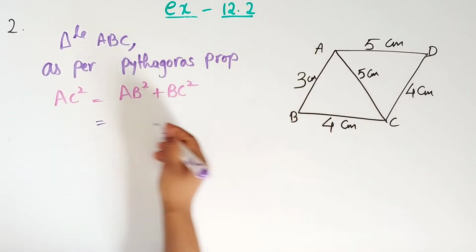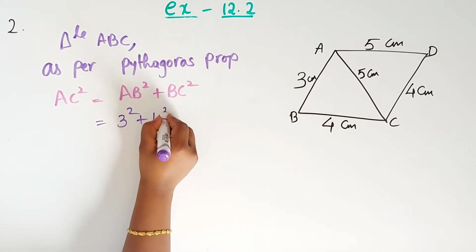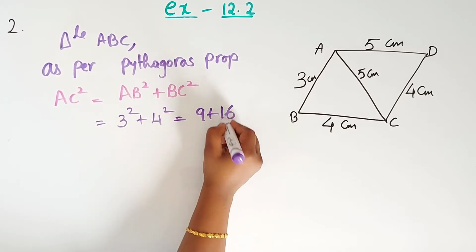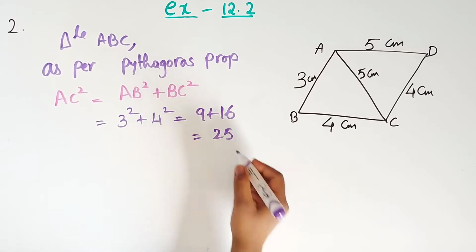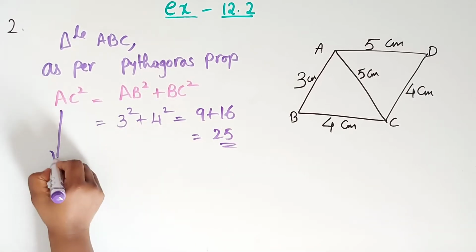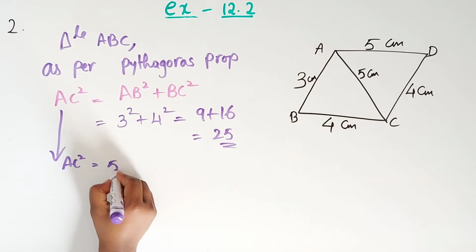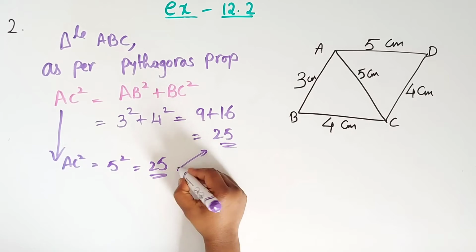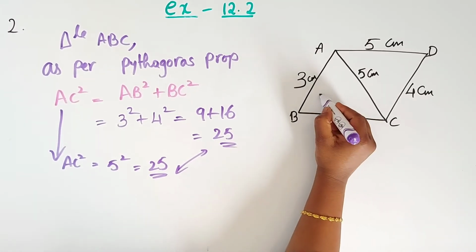AB square, that is 3 square, plus BC square, that is 4 square. 3 square is 9 plus 4 square means 16. 9 plus 16 is 25. Now we will find out AC square. AC is 5. 5 square means 25 here also. So both are same. That means this triangle is a right angle triangle.